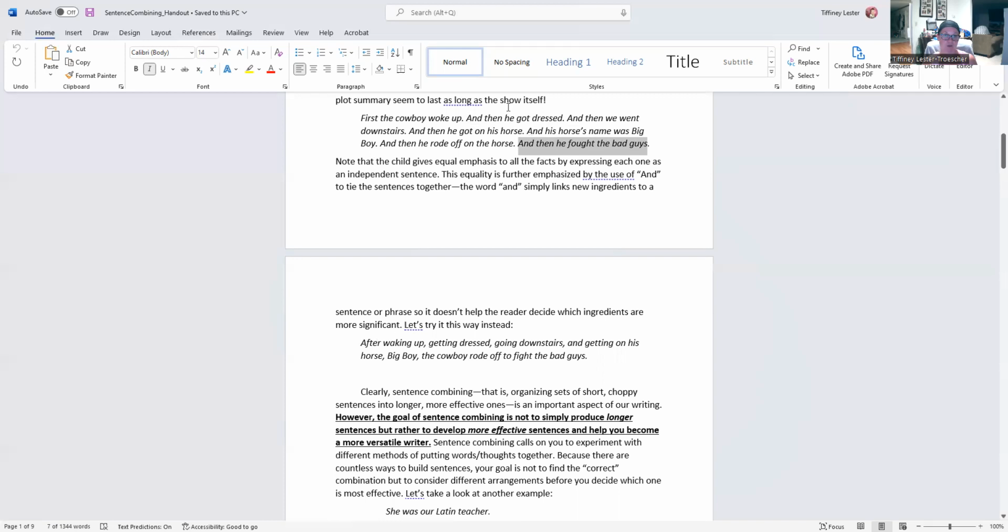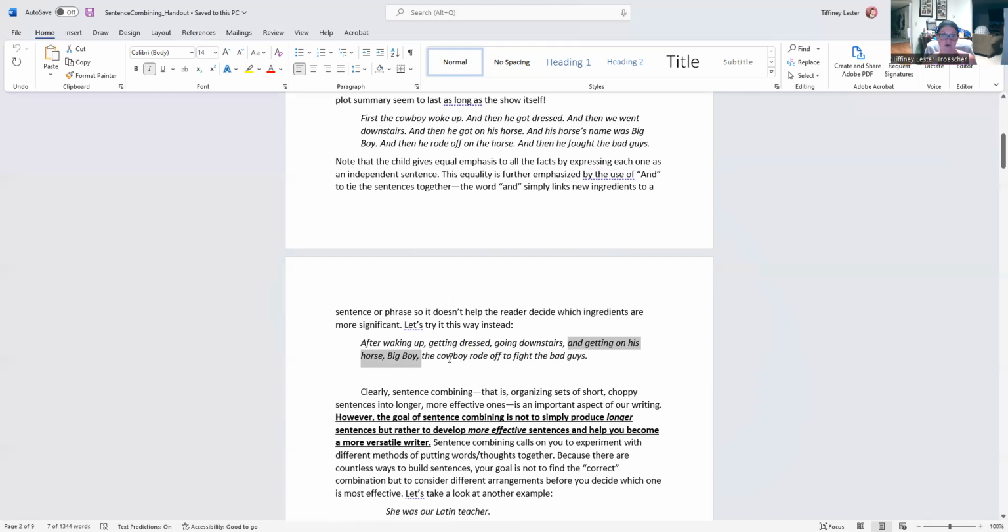Right? First, the cowboy woke up. Okay. After waking up, and then he got dressed. Getting dressed, and then he went downstairs. Going downstairs, and then he got on his horse. And his horse's name was Big Boy. And getting on his horse, Big Boy, and then he rode off on the horse.